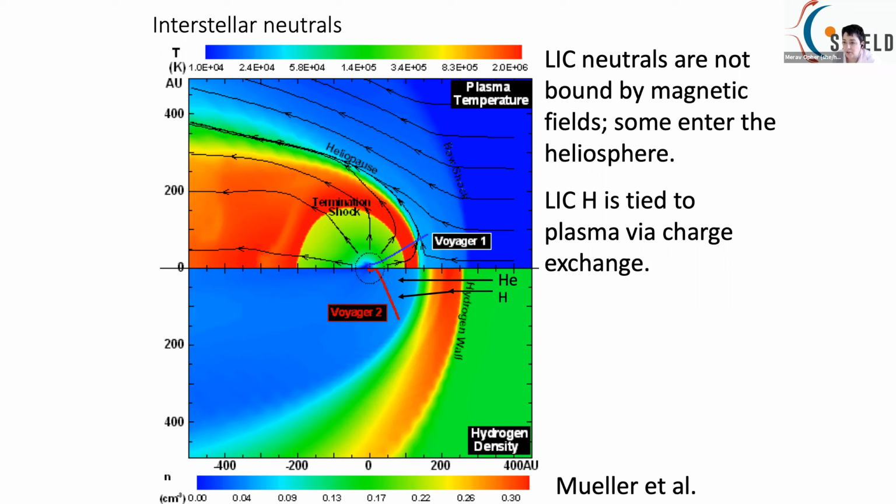A hydrogen can lose an electron and become an ion, and an ion can capture an electron and become a hydrogen. This process happens right before the hydrogen comes into the heliosphere. The ions slow down because they have to be deflected around the heliosphere, and by slowing down, it increases the amount of charge exchange. And there is a pile up of the hydrogen, what we call the hydrogen wall.